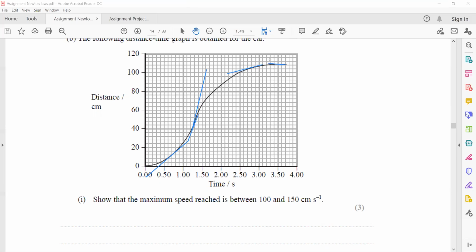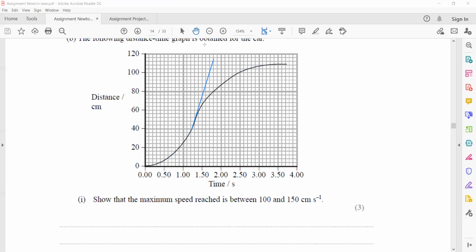So which position has a steeper tangent? If we try to draw, at this point it appears that we will have a steeper tangent. The tangent should not intersect, it should only touch the point.